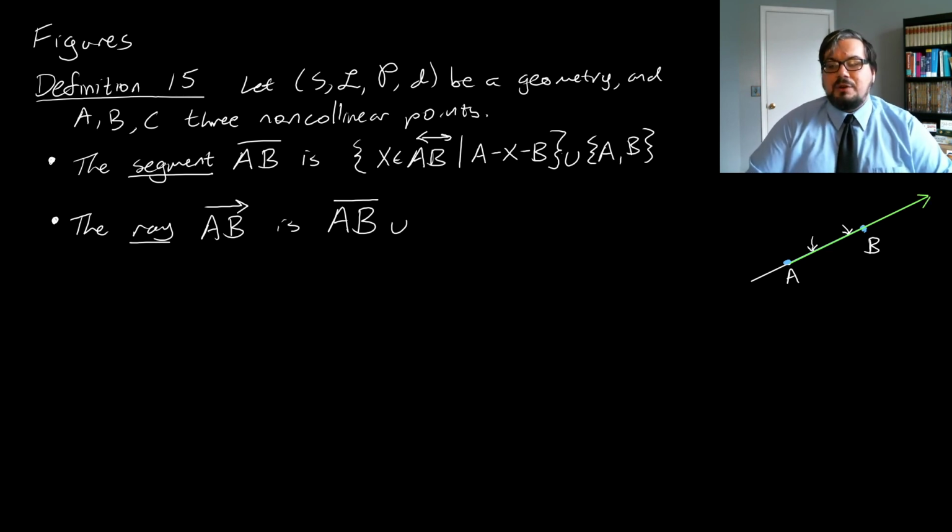So in particular, notice that it includes all the points in the segment from A to B, but it also includes extra points out here beyond B. So the ray AB is going to consist of the segment AB and all of the elements of the line AB such that B is between A and X.